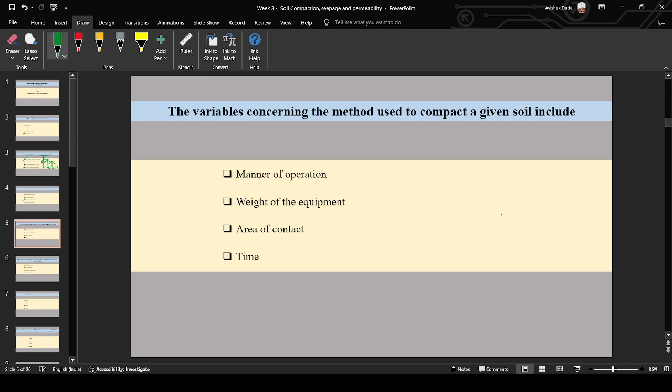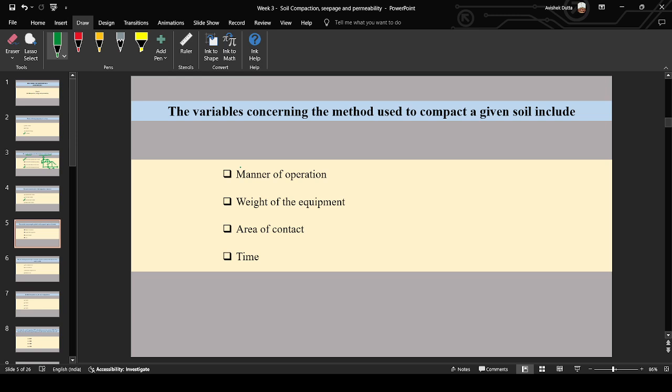Okay, so manner of operation is very important while compaction. How the soil is being compacted, that is important. The weight of the equipment, that is the hammer which we are using to compact the soil, is important. More the weight, more easily we can compact the soil in fewer layers.